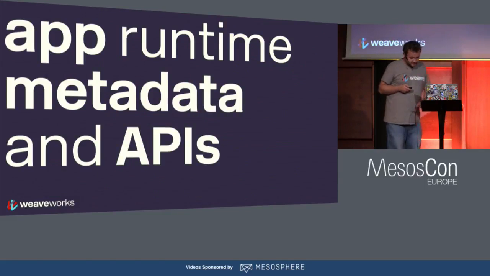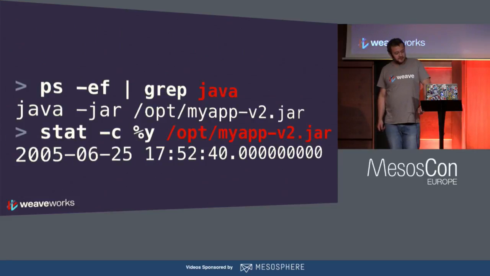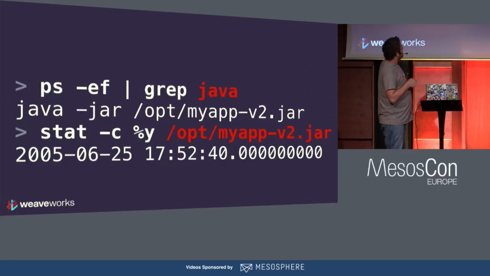So yeah, runtime metadata and APIs allow us to build richer tools with a lot more context. Imagine a situation like this. You went on the server and you found, oh, there's a Java process, and it's using some jar that lives here.